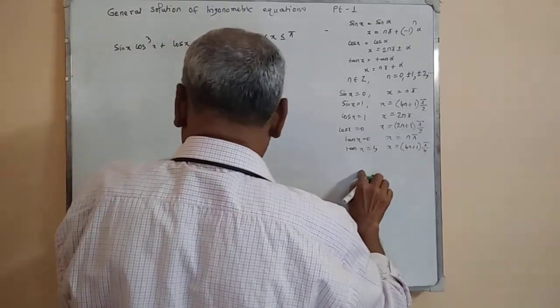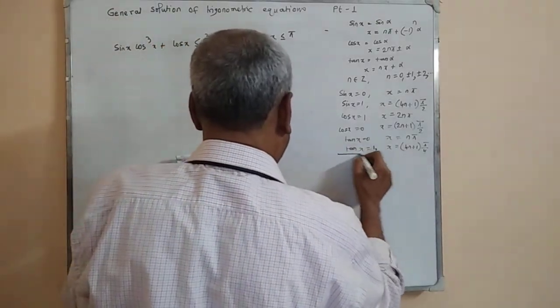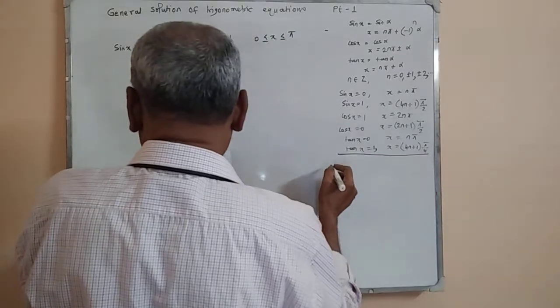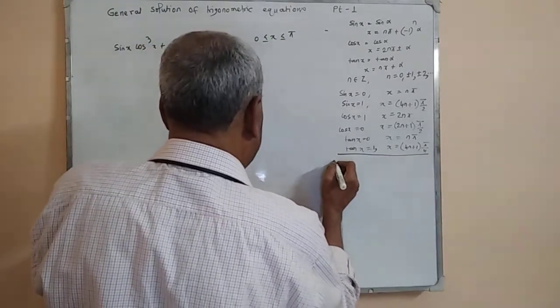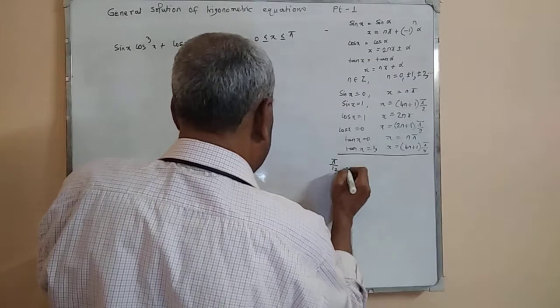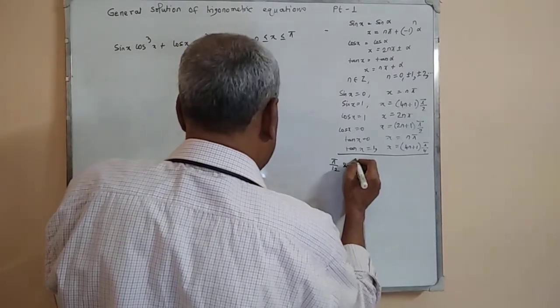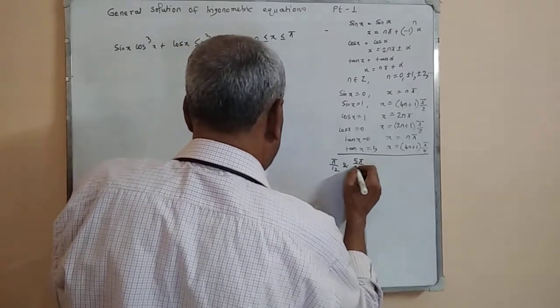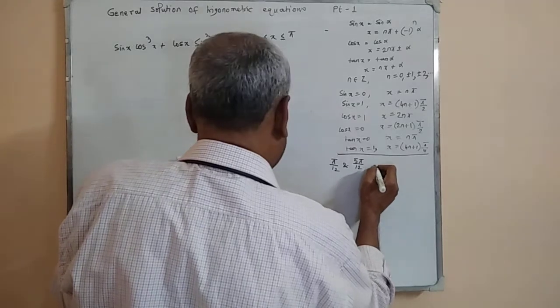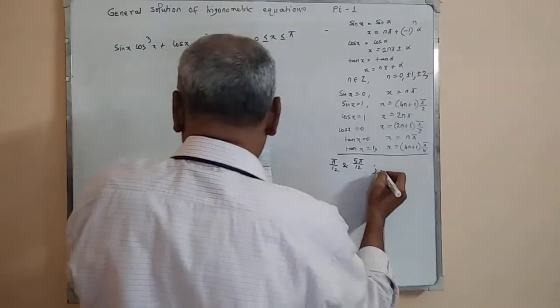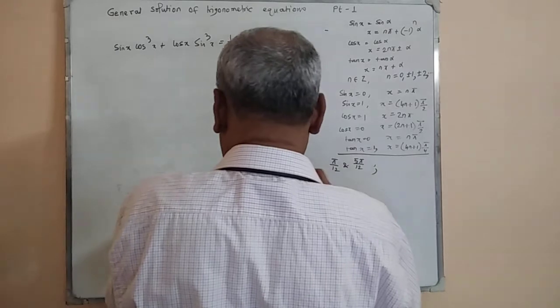I'm writing the options below that. First option is pi by 12 and 5 pi by 12. Second option is pi by 3 and pi by 3.